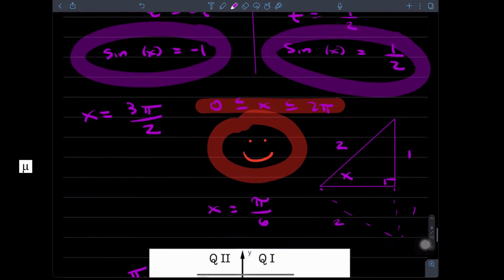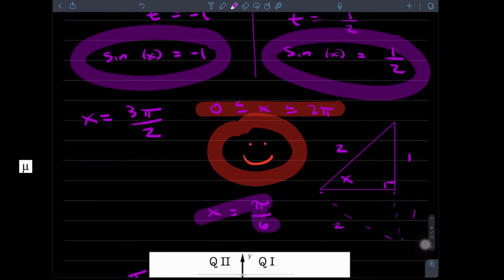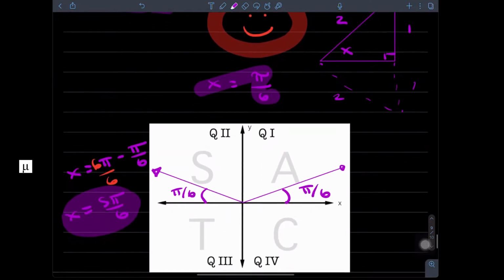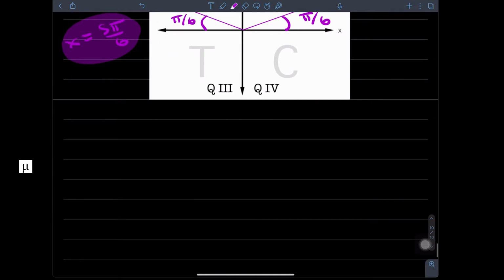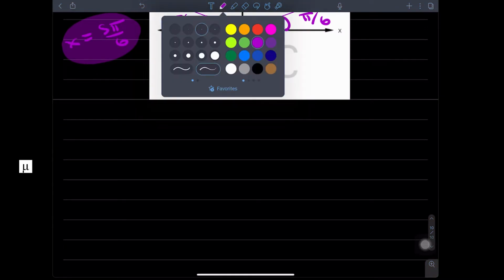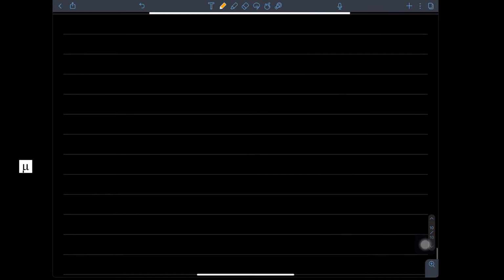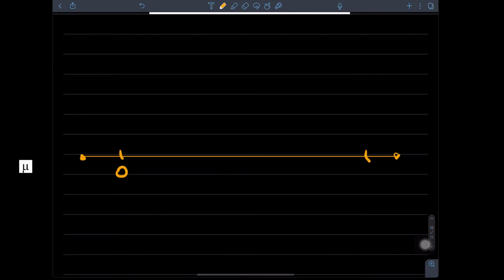Okay, you guys okay with that? So this is doing sine analysis. So what comes next? Remember this? Just remember this here, okay? This is going to be from 0 to what? 2 pi.